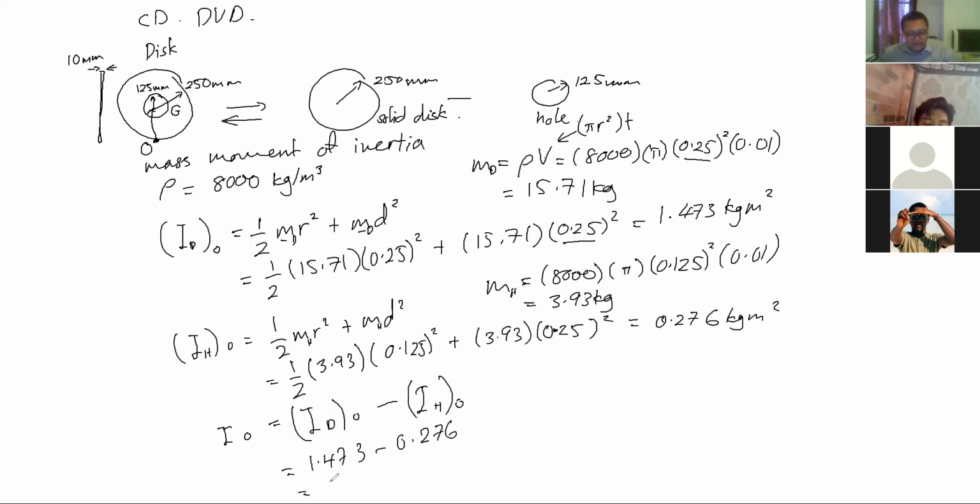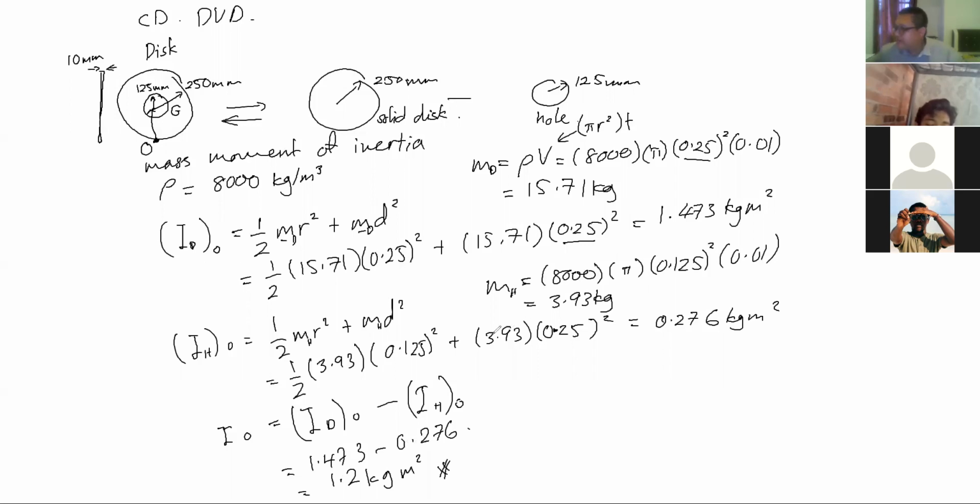Then you will get 1.2 kg meter square. It is the moment of inertia of the plate above point O. Okay, this is one example.